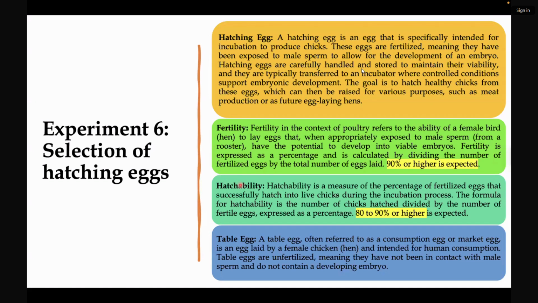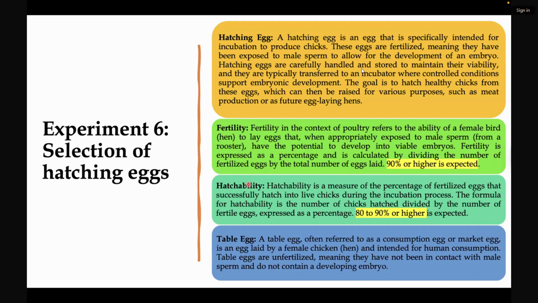Now the hatchability. Hatchability is a measure of the percentage of fertilized eggs that successfully hatch into live chicks through incubation. ওই যে ফার্টিলাইজড এগগুলো আছে তার কত পার্সেন্ট ডিম ফুটে বাচ্চা উৎপাদন হয়, সেই পার্সেন্টেজটাকে বলা হয় হ্যাচাবিলিটি পার্সেন্টেজ। Now, hatchability can be calculated in two ways.